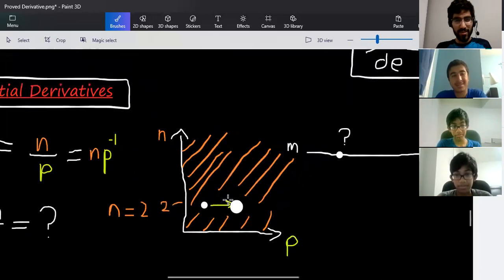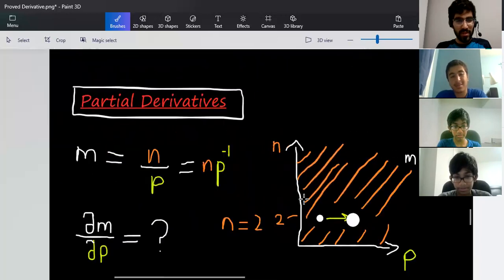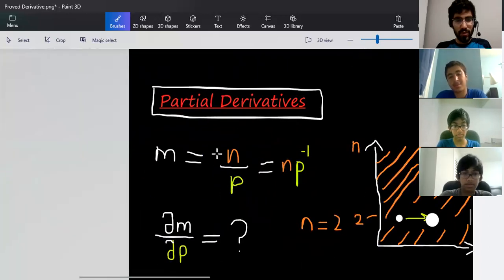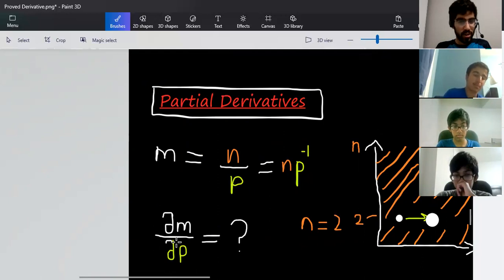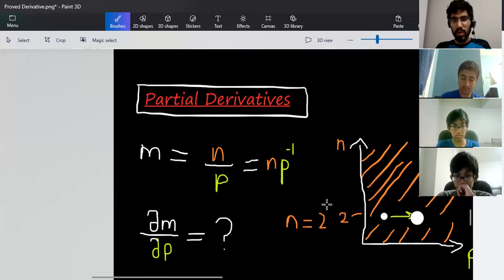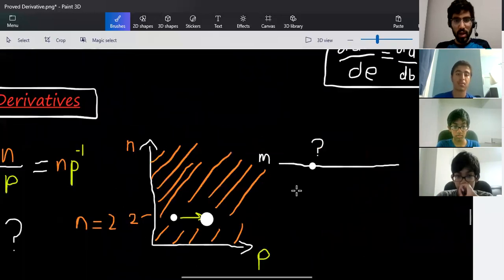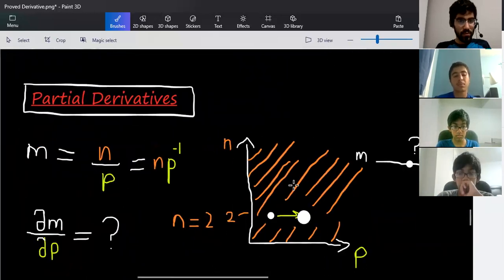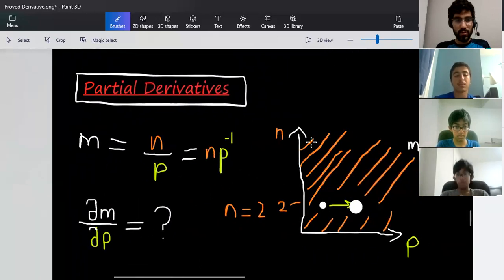Let me say it in simple language. We have these two variables that can affect one variable. We want to isolate the effects of just the variable we're concerned about. If we make a tiny change in p, how much does m change? So we're going to lock n in place. We're going to say n cannot change, like all of these other values.